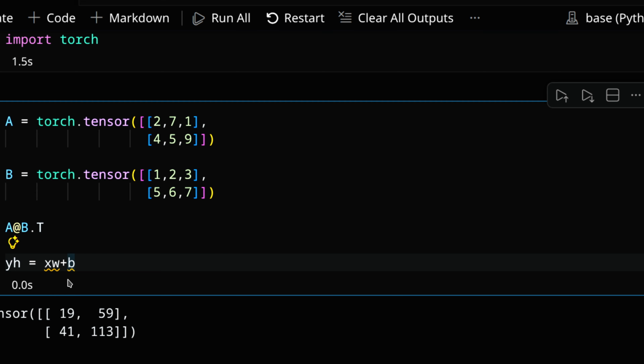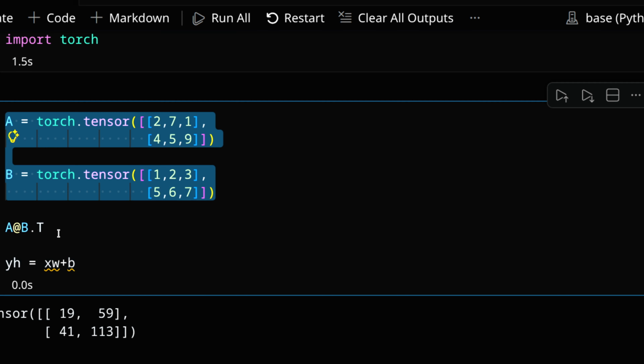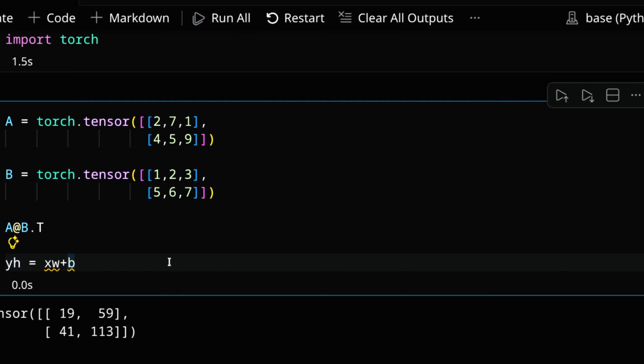And the b is the bias that's added to it. So those are the main calculations used in artificial intelligence, and this is how you do them.